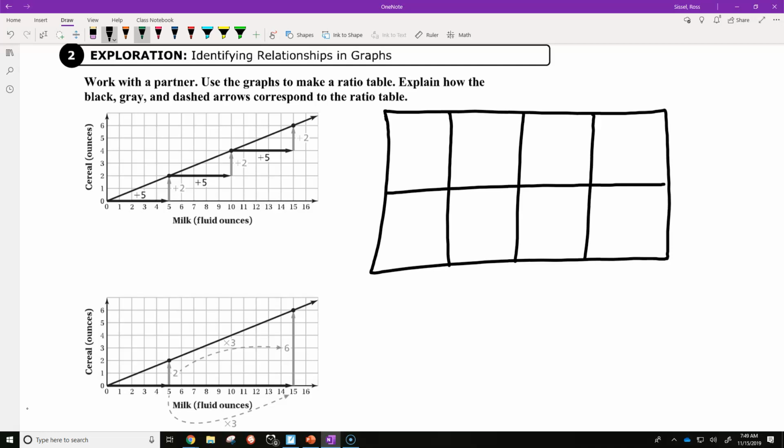If you would make this table with me, what I'd like you to do is on Exploration 2, work with your table group, and identify what my ratios should be. So this is a ratio table. You're going to try and identify some equivalent ratios based off the graph.